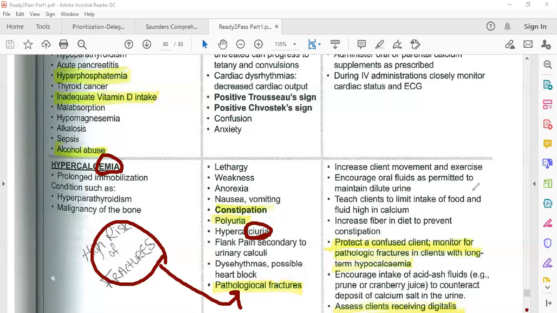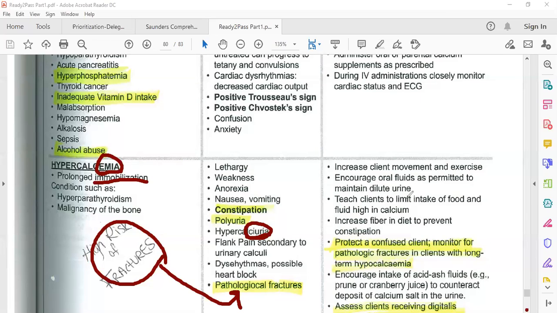So what are the nursing interventions if the patient develops hypercalcemia? First of all, increase the client's movement, because immobilization is one of the causes of hypercalcemia. Increase the client's movement and exercise. Encourage oral fluids.